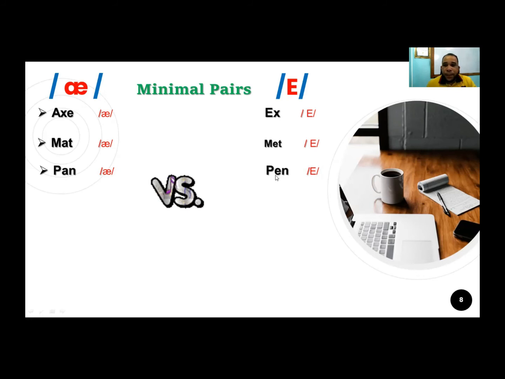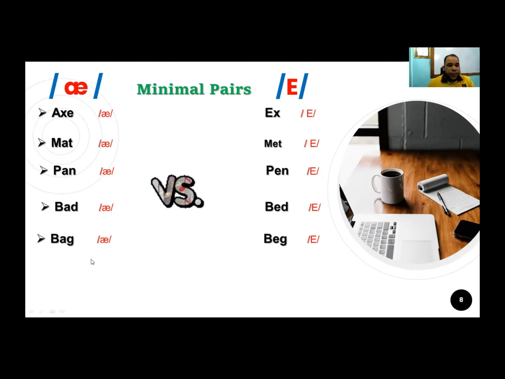Pan, pen. Repeat that. Pan, pen. Also, I have another one, and this one is very important. Bad. Look at this. Bad versus bed. Let's continue. The other one is bag.